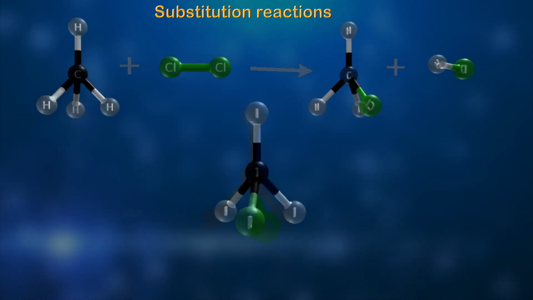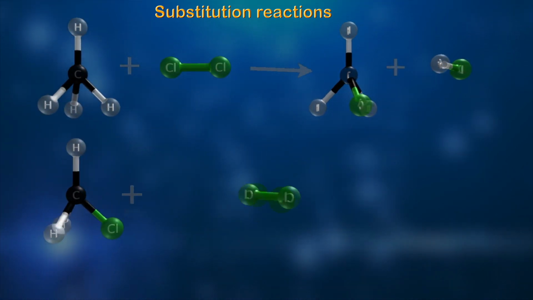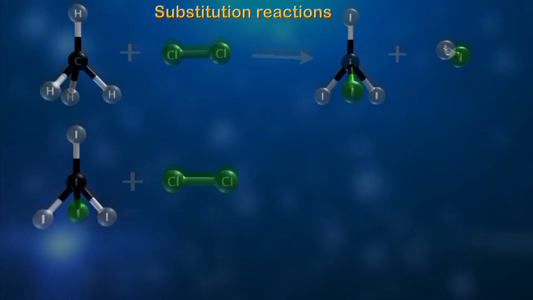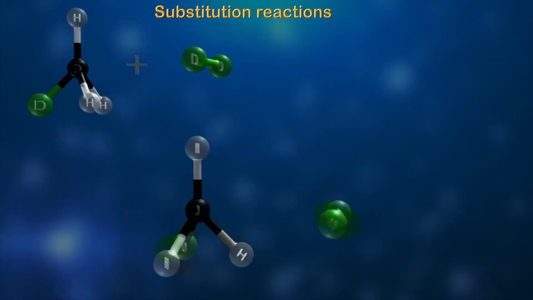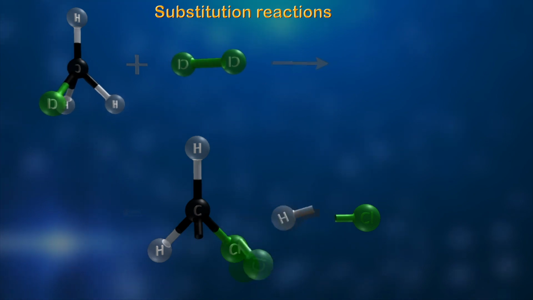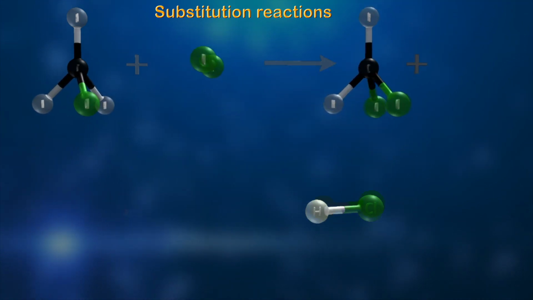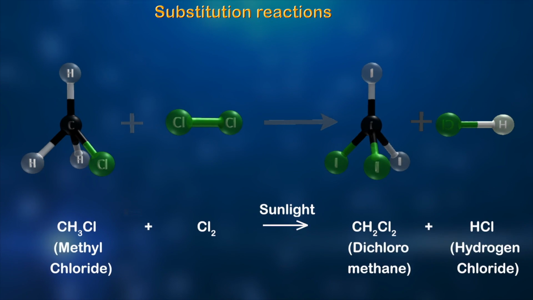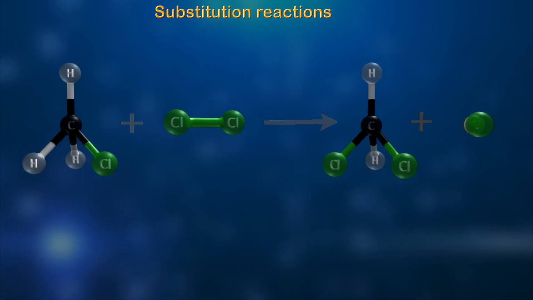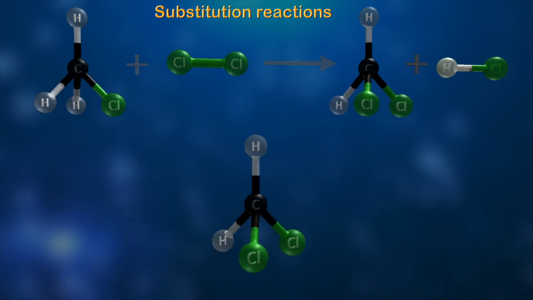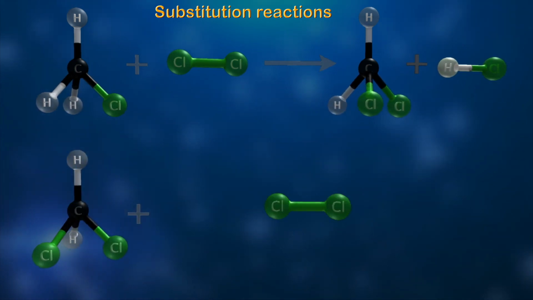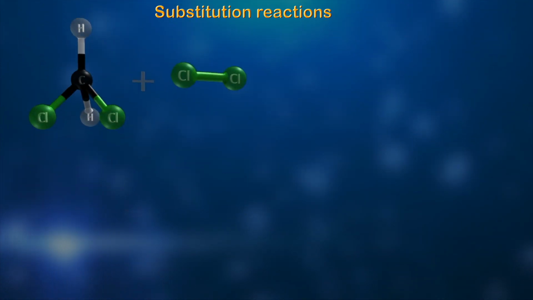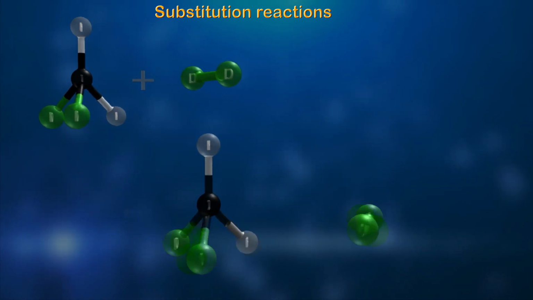Methyl chloride reacts with chlorine molecule to form dichloromethane and hydrogen chloride. Here, hydrogen atoms of methyl chloride are replaced by chlorine atom. Dichloromethane reacts with chlorine molecule to form trichloromethane and hydrogen chloride.